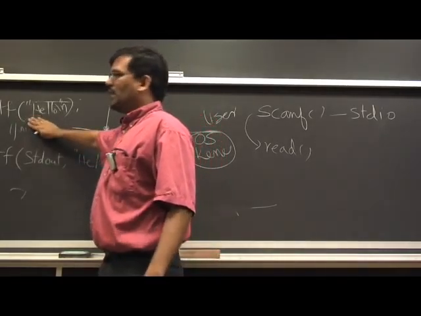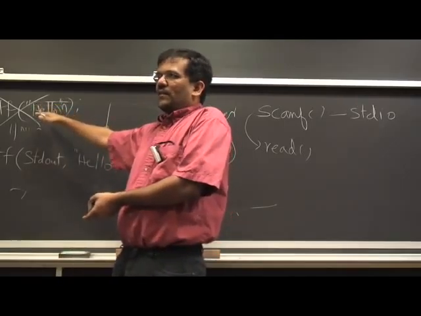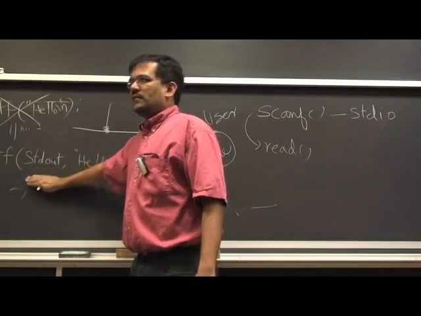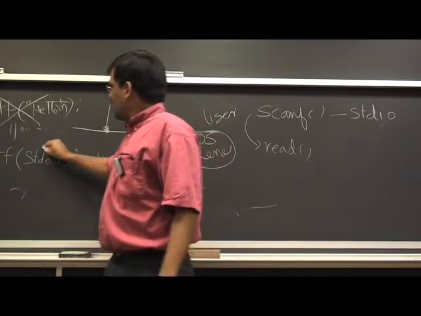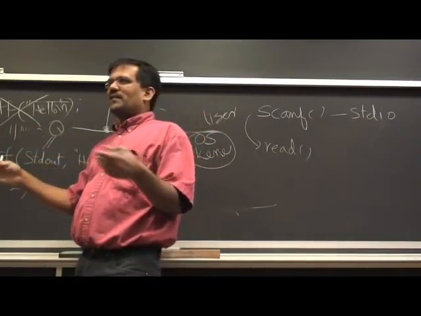This is a shorthand for this. But let's ignore the shorthand. Essentially, you only do fprintf standard out. Standard out is 1. That's a heuristic you don't have to know.